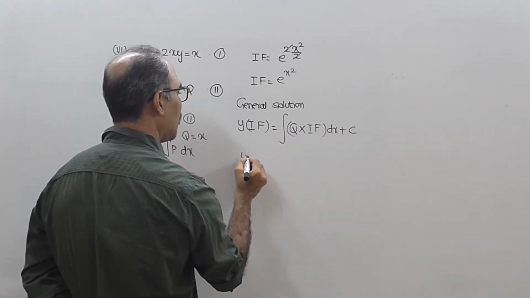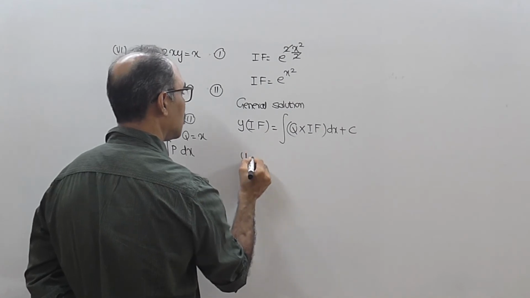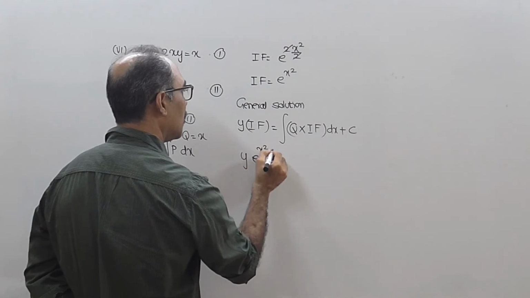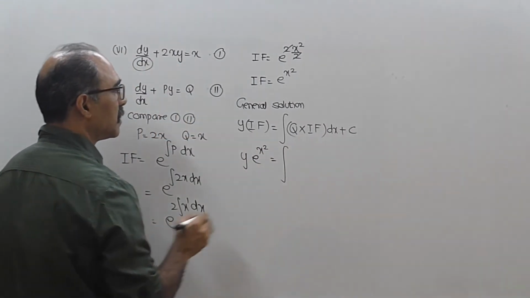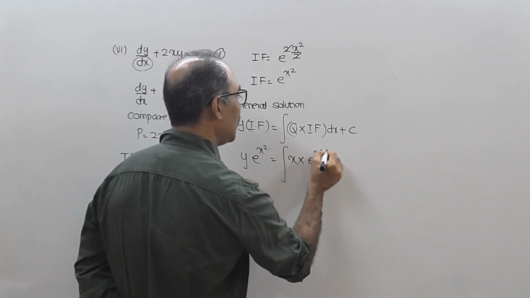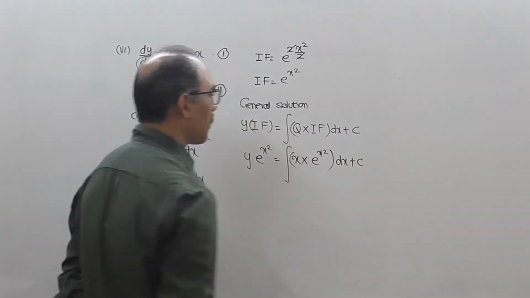So y times e power x square equals integration. What is q? Q is x, integrating factor is e raised to x square, dx, and plus c.